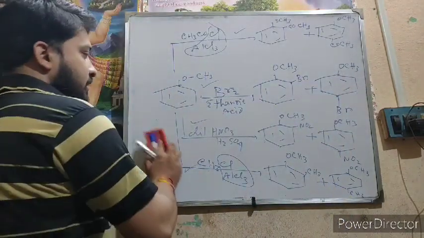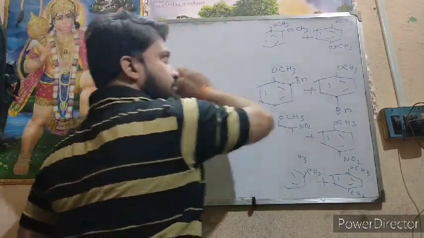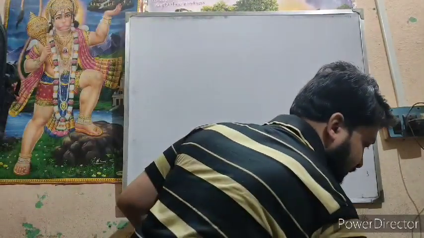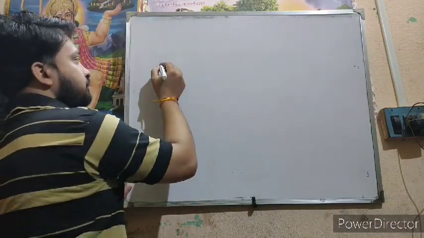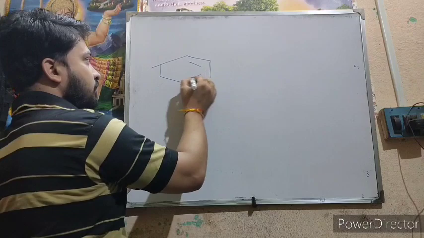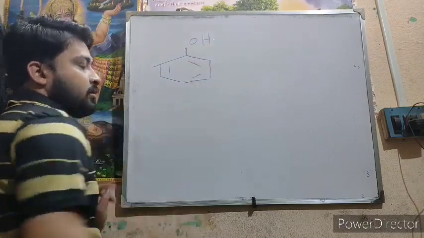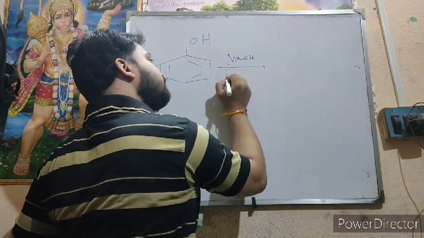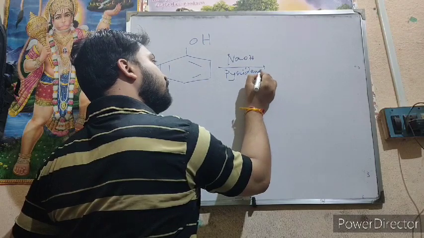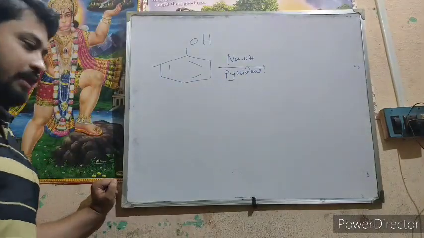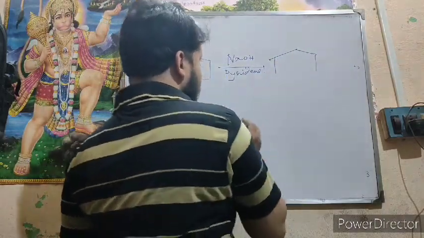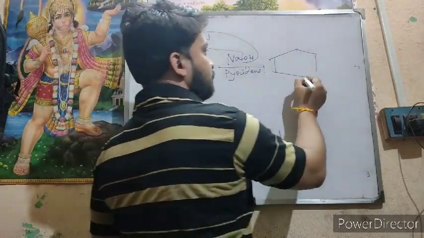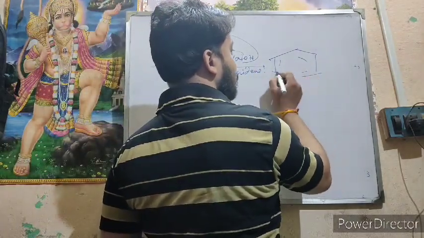Now I am going to the Fries rearrangement reaction. This is phenol. You use NaOH and pyridine. If you use NaOH and pyridine, this water molecule is removed from here, so you get ONa. This is a short trick.